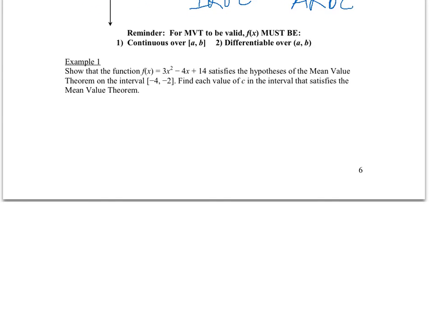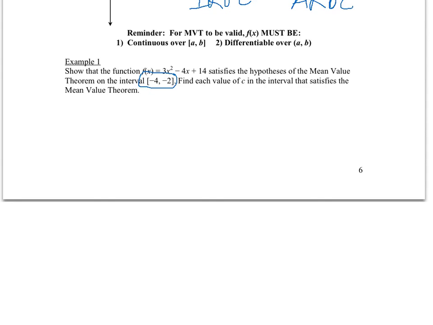All right, let's take a look at example 1. It says, show that the function f of x equals 3x squared minus 4x plus 14 satisfies the hypotheses of the mean value theorem, and then find each value of c in the interval that satisfies the mean value theorem. Well, first of all, we have a closed interval, so it satisfies that portion. It's continuous because it's a quadratic, so the first part of the hypothesis is satisfied, and then it's differentiable.